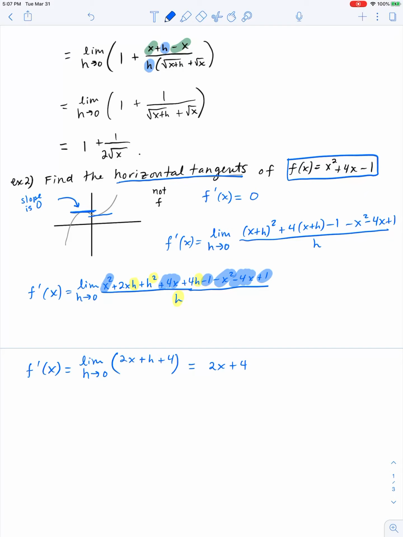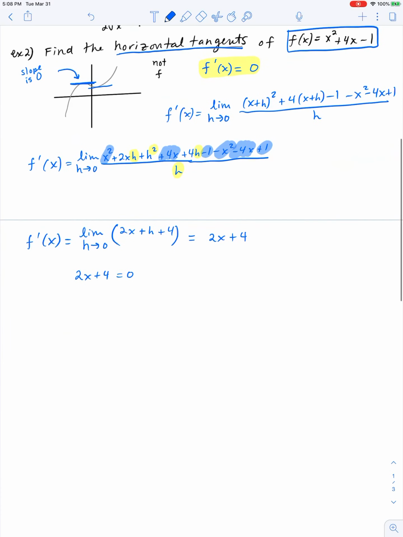Okay, back to the original problem: we needed to set f prime equal to 0. So we set 2x plus 4 equal to 0, solve that, and we get x equals negative 2.